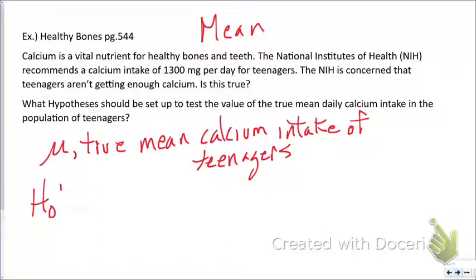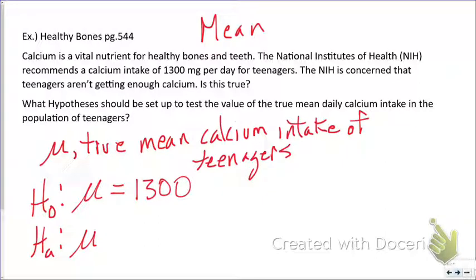We need our null and our HA. It's a mean problem, so we're doing mu. The null is always equals. We're concerned about 1300 being that decision point. I realize 1400, 1500 is okay, but 1300 seems to be that cutoff value. So I have to write 1300 here also. And I suspect that the true mean is smaller.